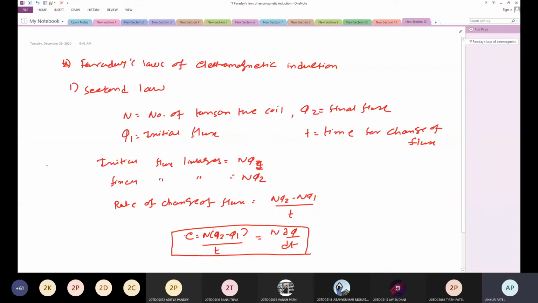According to Lenz's law, or Fleming's right hand rule, the direction of induced EMF is determined, so we can write E is equal to minus N d phi by dt.